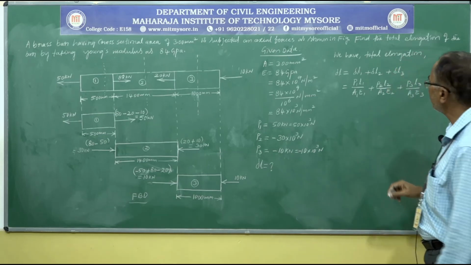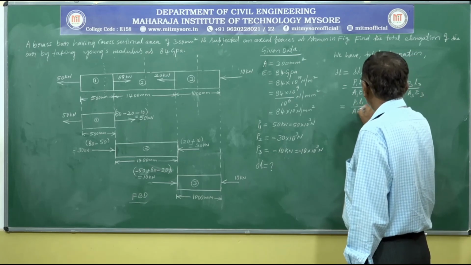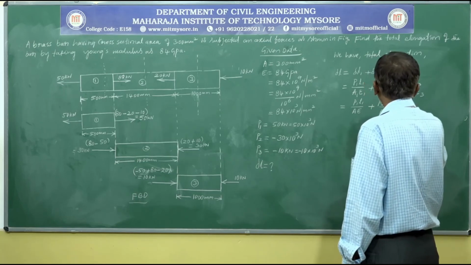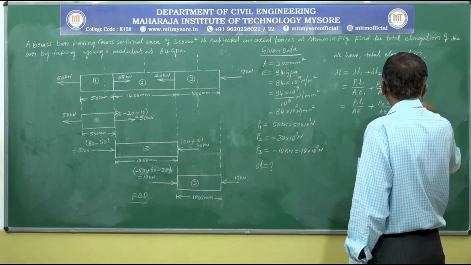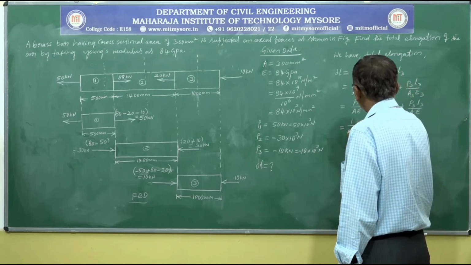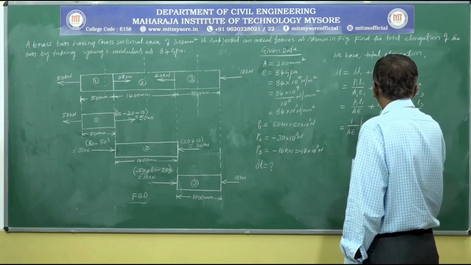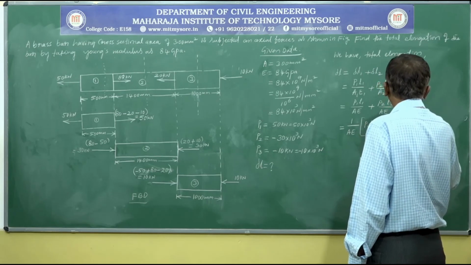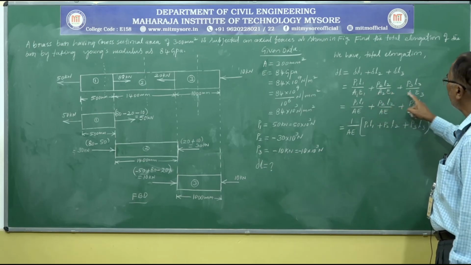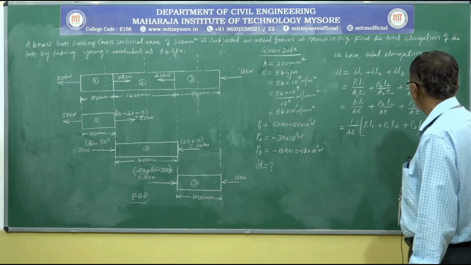Since cross sectional area and Young's modulus are the same, this equation reduces to P1 L1 divided by AE plus P2 L2 divided by AE plus P3 L3 divided by AE. You can take the common factor AE: P1 L1 plus P2 L2 plus P3 L3. Here we have replaced A1 E1, A2 E2 and A3 E3 as AE, because the cross sectional area is the same and Young's modulus is also the same.